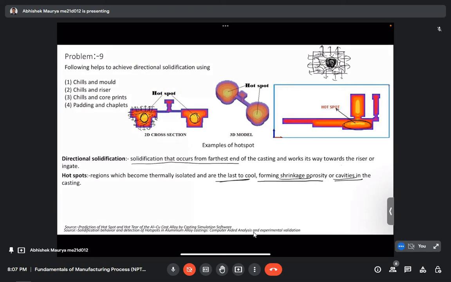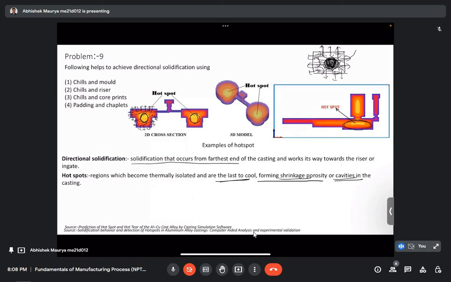And during this shrinkage, if we cannot supply the required amount of molten metal to this hotspot region, then definitely because of shrinkage there will be the formation of cracks or hot tearing. So this will cause a defect to the casting, and we have to take care of that.